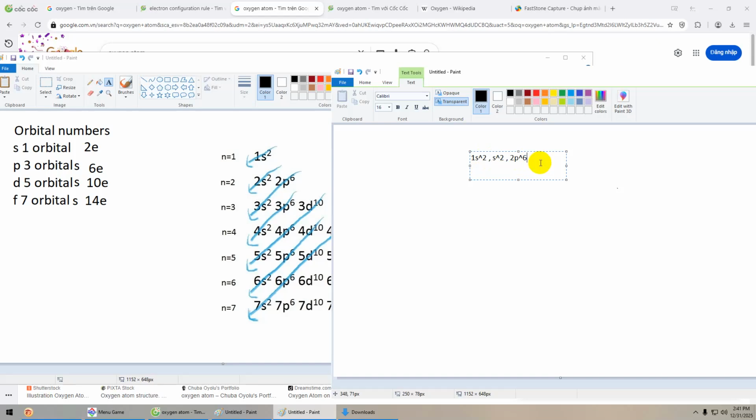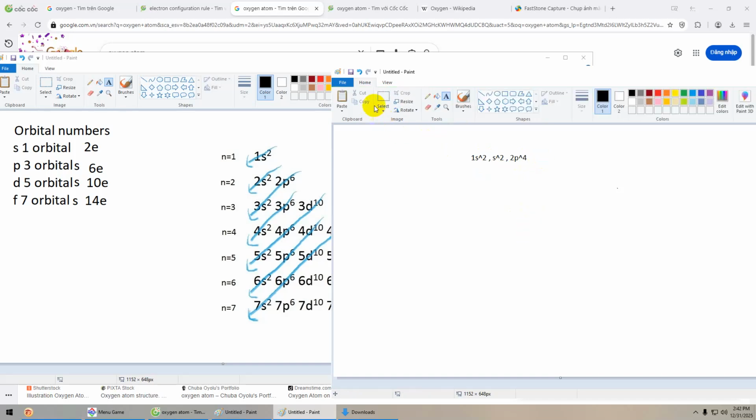So we have to reduce the last number for the last subshell to make it equal. Oxygen has 8 electrons to be neutral, so we have to add 4 here. So this is the electron configuration of the oxygen atom.